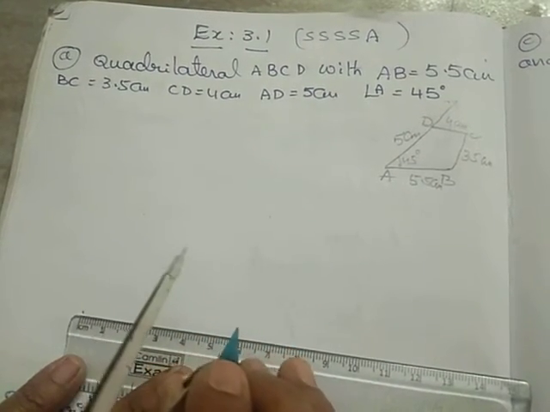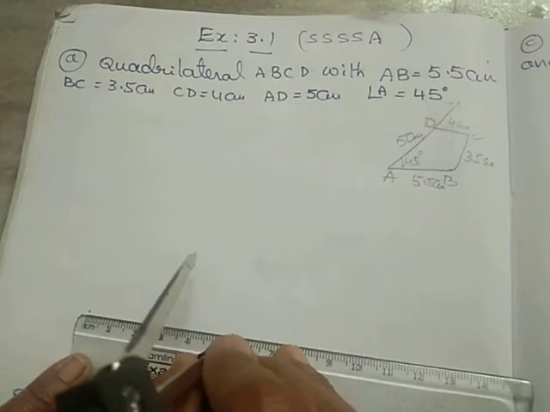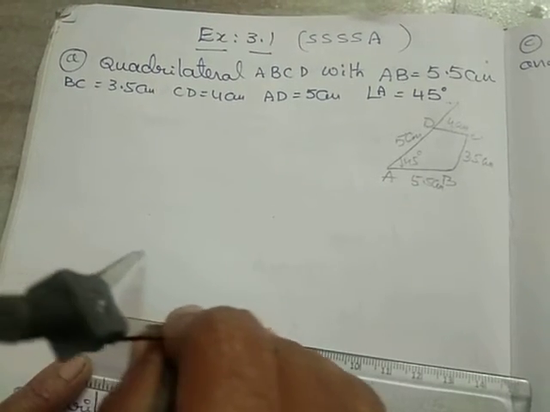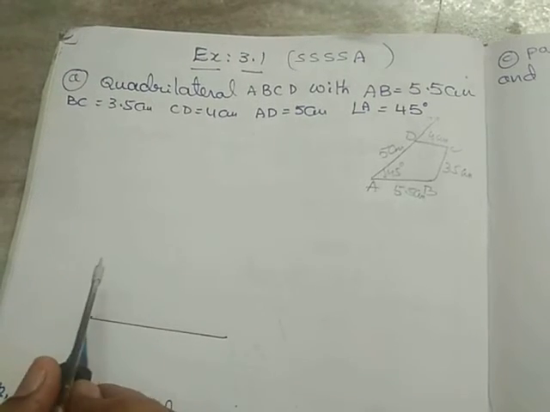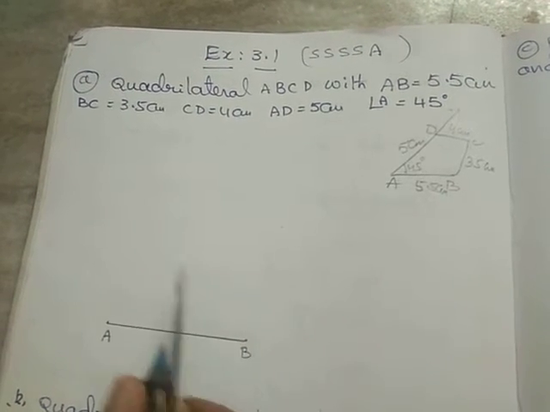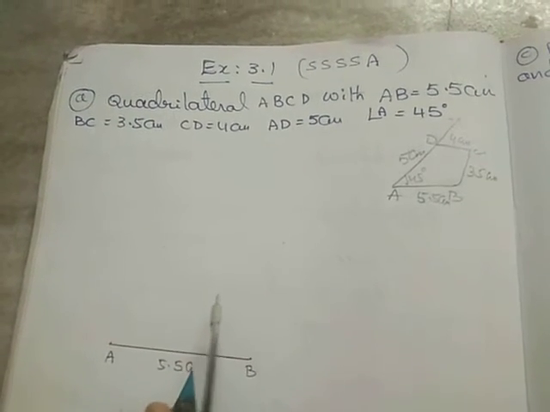How much? 5.5 centimeters. So this is AB, 5.5 centimeters.